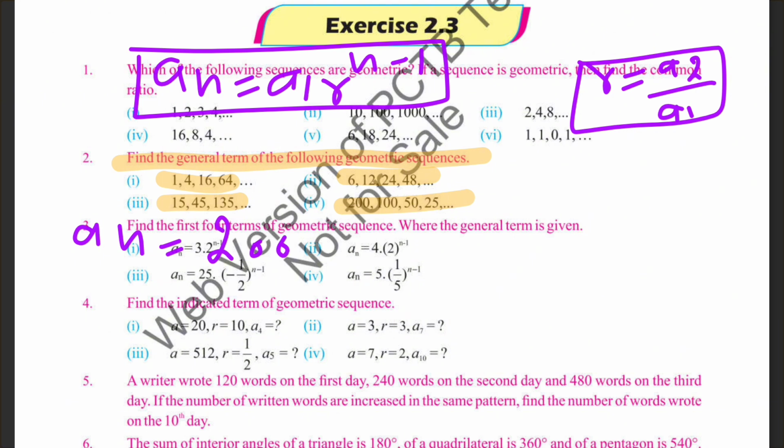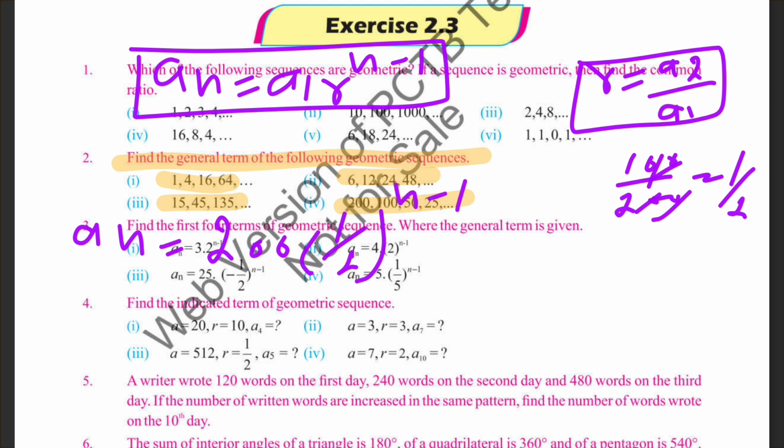R is equal to the second term divided by the first term. It means 100 over 200. The zeros cancel and it is 1 over 2. Here it is 1 over 2 raised to the power n minus 1. Okay, it is the answer.